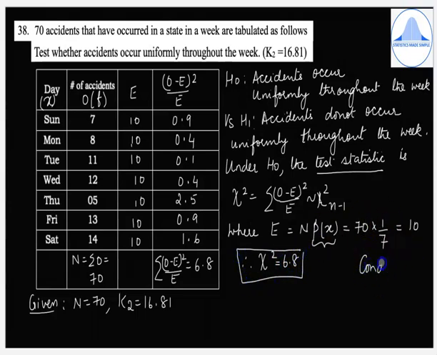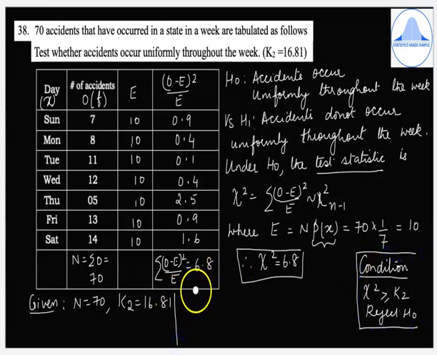Now the condition which we use for chi-square test for goodness of fit is it is a right tail test. So you have to check whether chi-square is greater than or equal to chi-square alpha, and if this condition is satisfied, then you reject H naught. So this is the condition which you're using.